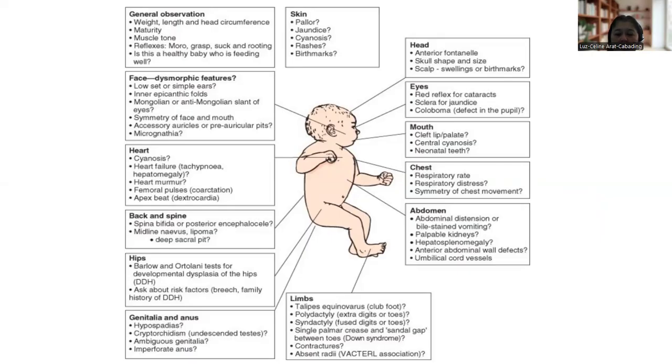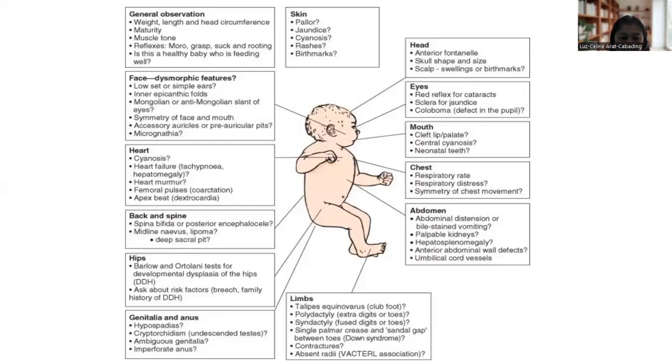Is the oxygen circulating well? Are there extra marks or colors in the newborn that signal something like birthmarks, cyanosis, rashes? So you can go again one by one in each of these key features that need to be assessed.